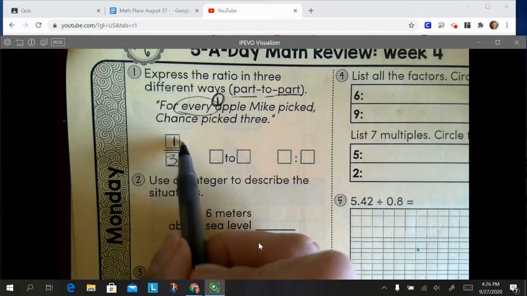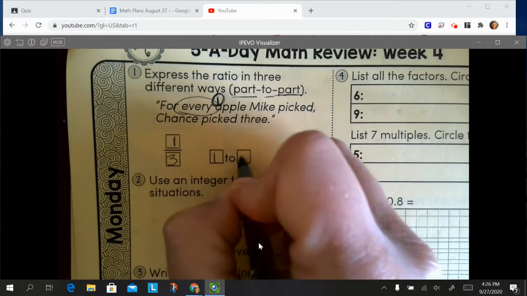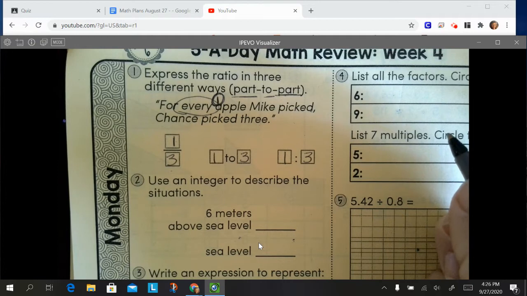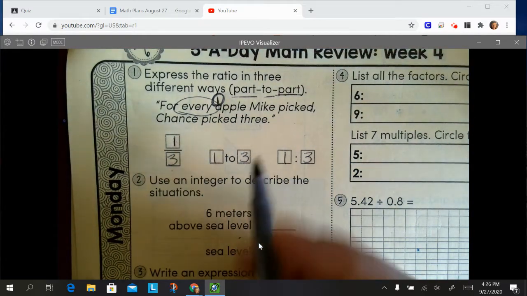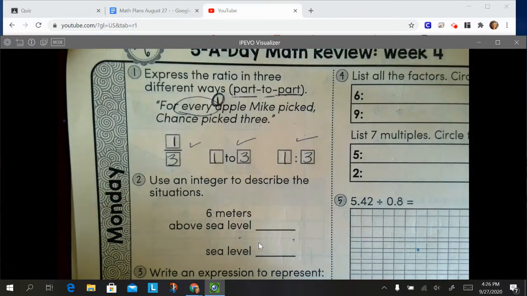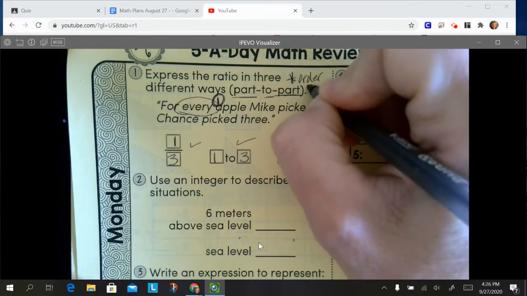Just like before, you can write your ratio with the division bar, or with the word "to", or with a colon. It doesn't matter to me which way you show me the ratio, just know that you could possibly see it these 3 different ways. Good job. The other thing to remember is that order matters.